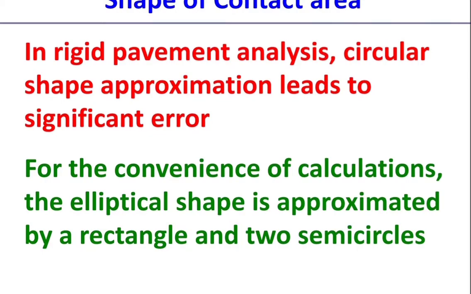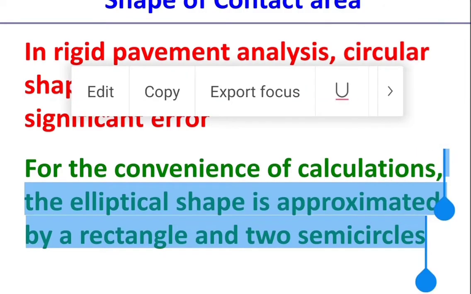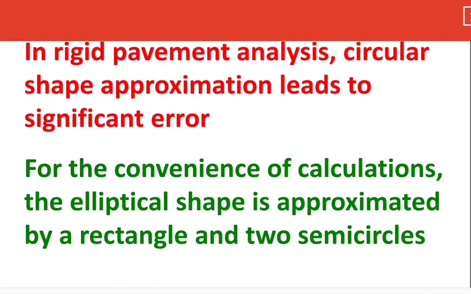In the case of rigid pavement also, we are considering a circular shape, and that leads to significant error. For the convenience of calculation, the elliptical shape is approximated by a rectangle and two semicircles, as we can see in the diagram.